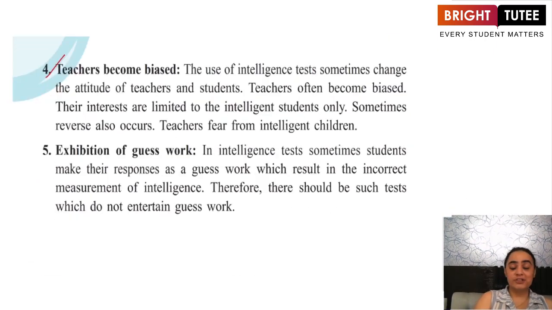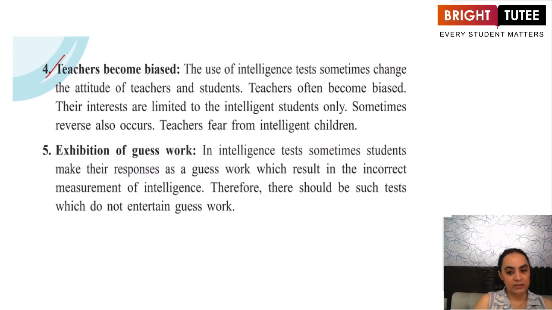In the intelligence test, there is a very strong possibility for the teachers to get biased. The partiality of the teacher is very well evident in the intelligence test. At times, if the teacher is asked to prepare an intelligence test for a group of students, if she knows the students well and wants the students to get better results for those performance tests, the paper will be set in a similar manner.